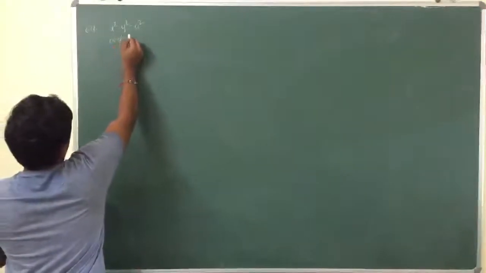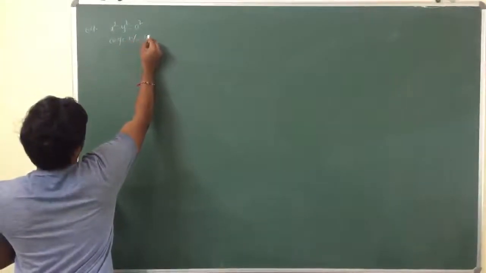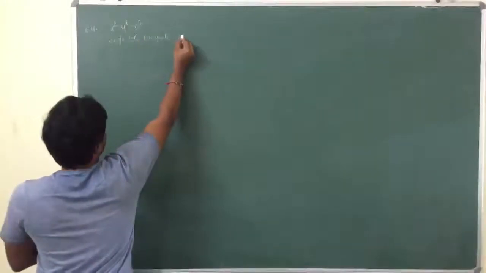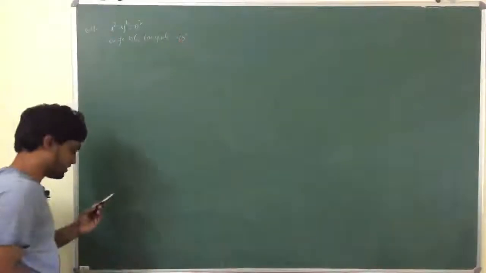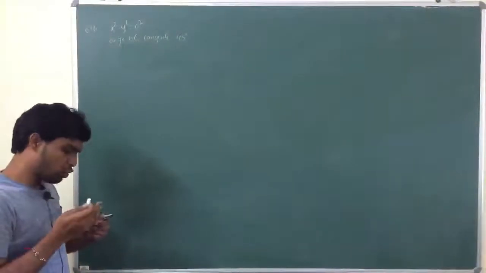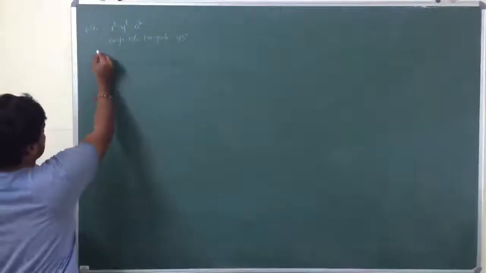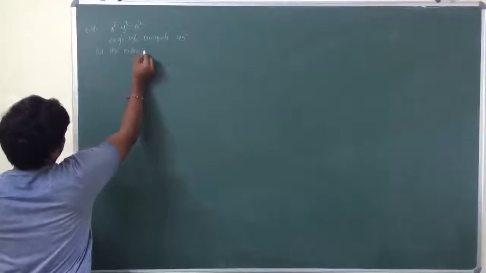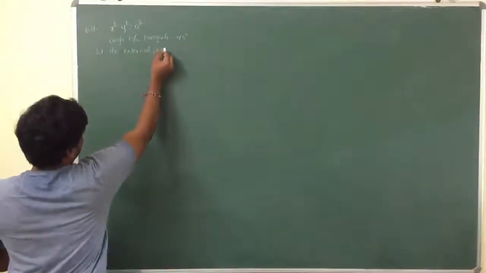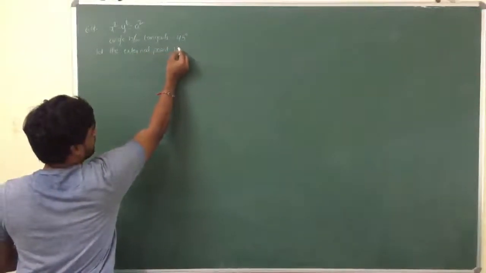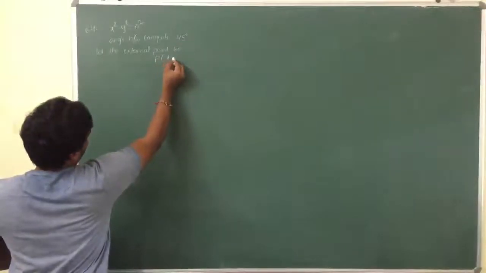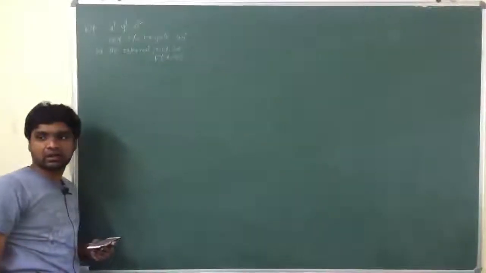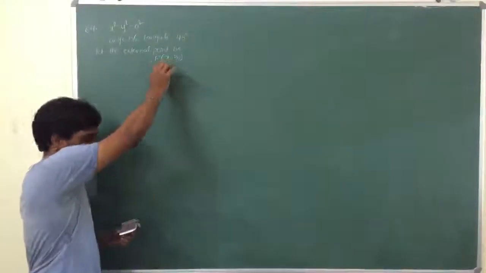So the angle between tangents is equal to 45 degrees. Let the external point be P(x1, y1). To this point we have to find the locus.